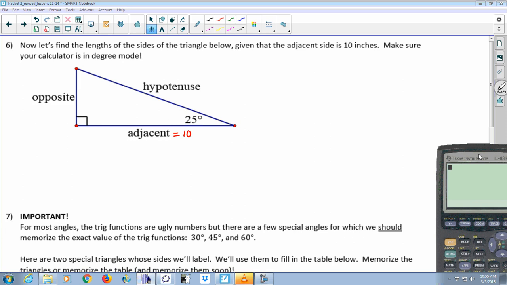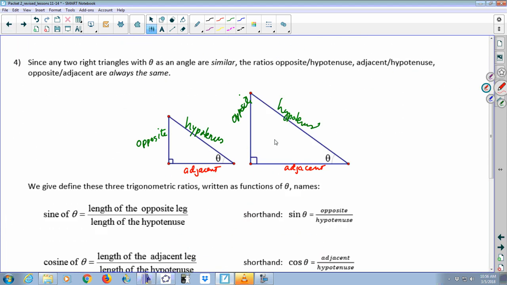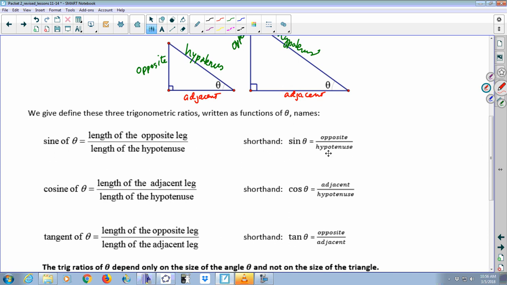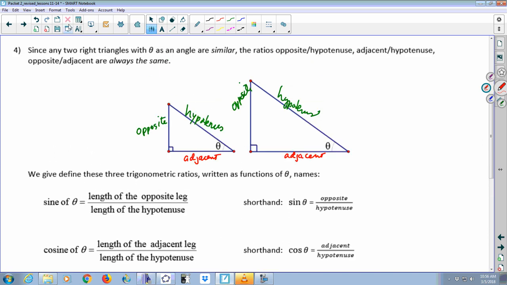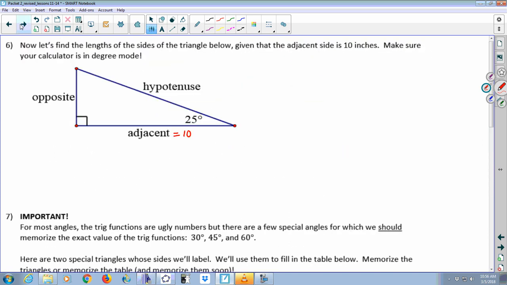But I'm not trying to find the hypotenuse, I'm trying to find the opposite. So which trig function deals with the opposite side and the adjacent side? Let's go back. Sine deals with opposite and hypotenuse. Right. So we need the tangent, right?